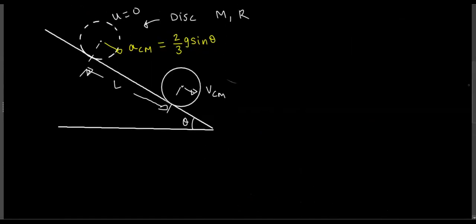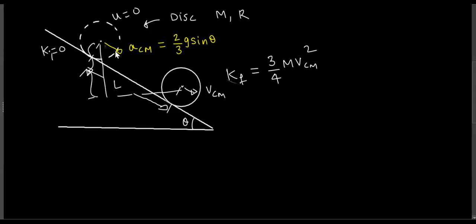Here we are saying that in the beginning, the kinetic energy of the rolling object is 0. That is the initial kinetic energy. The final kinetic energy, once it attains velocity of center of mass after rolling down a distance L, is 3 by 4 m v_cm square. If this distance is L, the height it comes down is L sine theta.